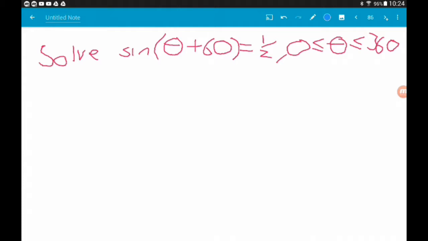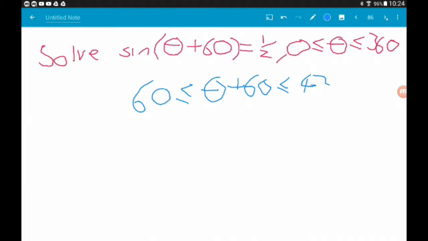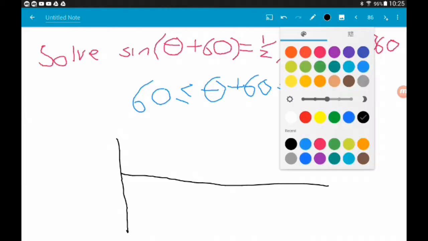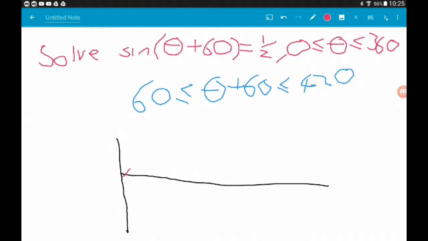So our interval is going to be 60 is less than or equal to theta plus 60, which is less than or equal to 420. So if we sketch the sine graph between 0 and 360, we get something that looks like that.